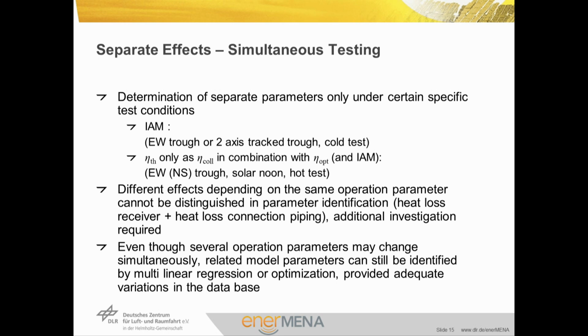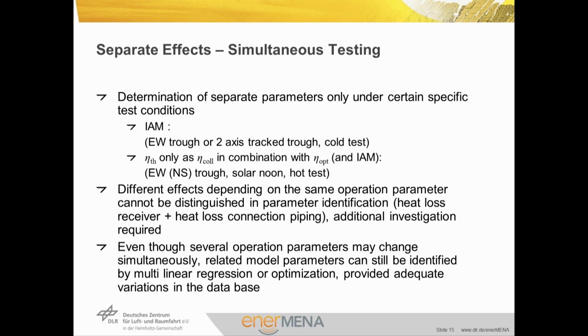The thermal efficiency can only be measured in combination with the optical efficiency. To this end, performance is tested with hot HTF at different levels of temperature. For tests carried out at solar noon and an east-west collector orientation, no other effects interfere, whereas for north-south orientation, IAM effects are included in the measured performance.